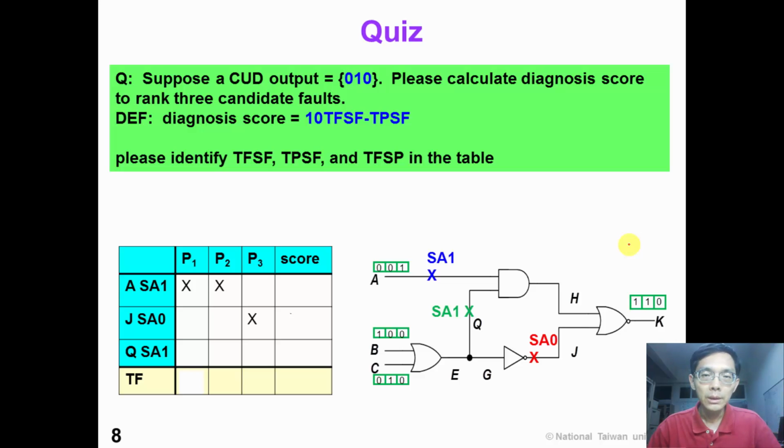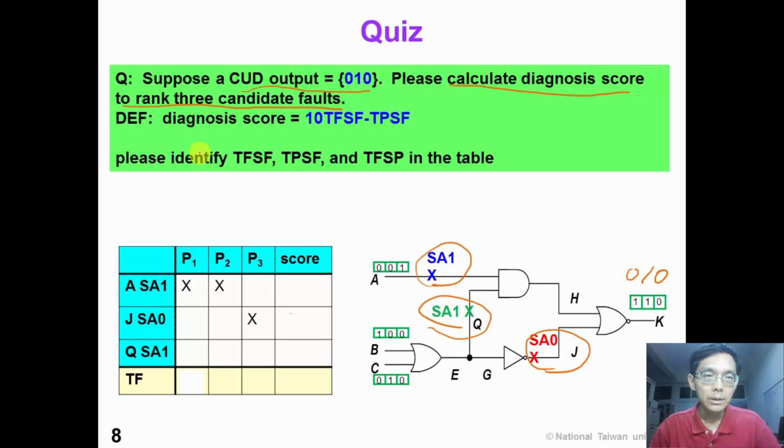To make sure that you understand our concept, let's do a quiz. Suppose we have a CUT where output is 0, 1, 0. Please calculate the diagnosis score to rank the following 3 candidate faults: A stuck at 1, J stuck at 0, and Q stuck at 1.